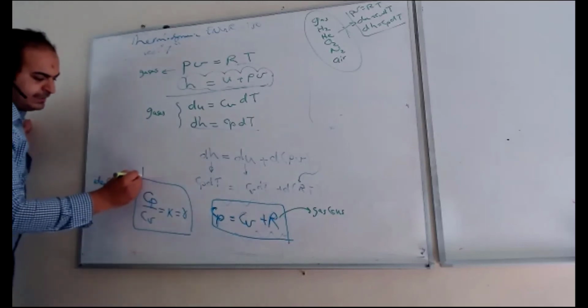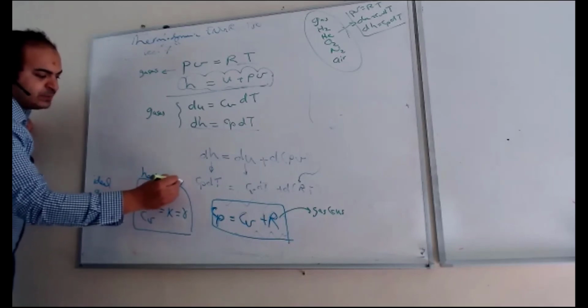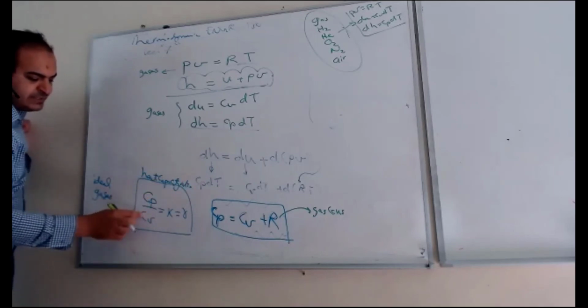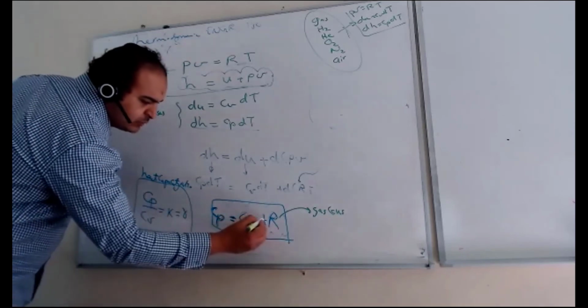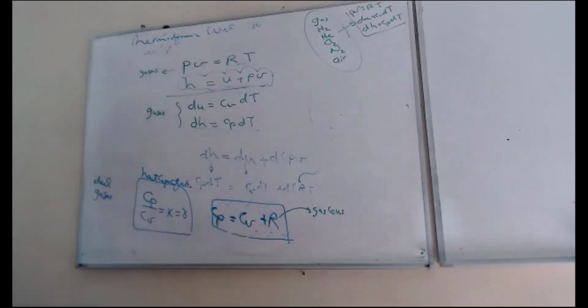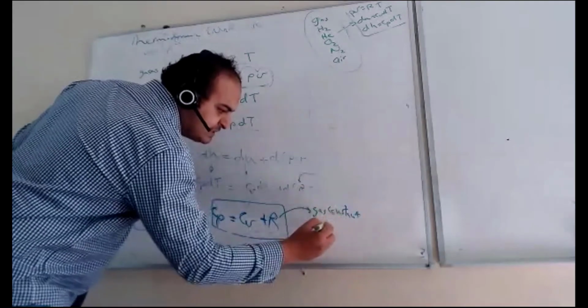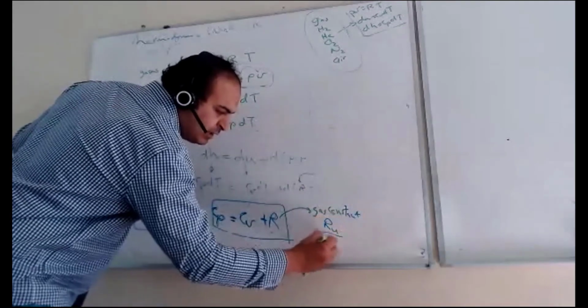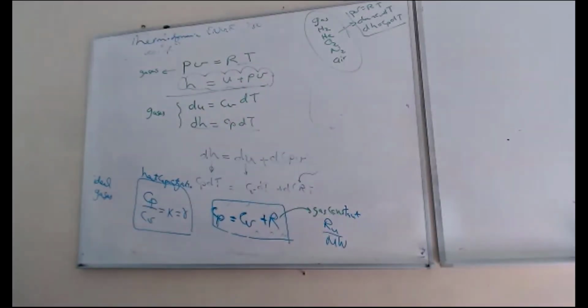This is the heat capacity ratio, Cp over Cv. Cp is always Cv plus R, for any gas. And R is the gas constant, which is R universal over molecular weight. Table A1, right in front of this, has the gas constant.